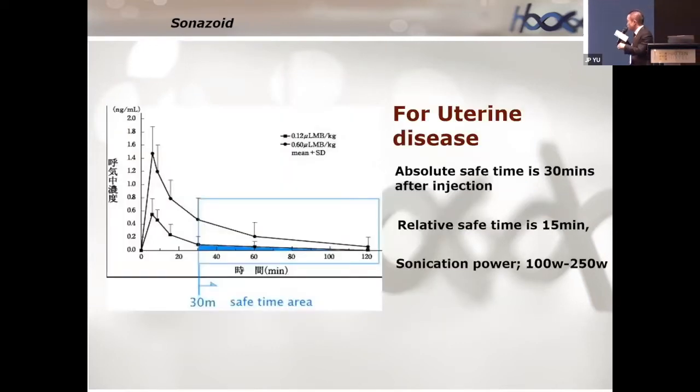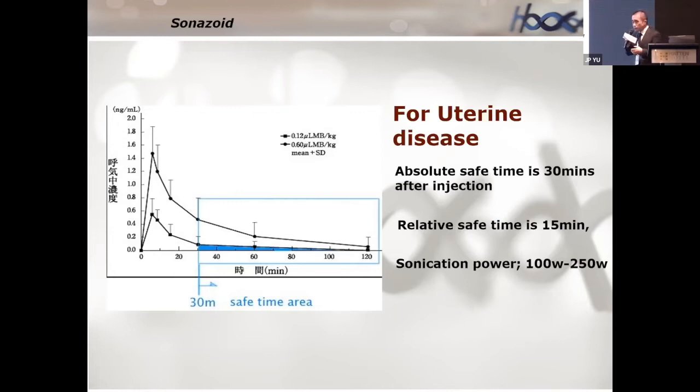This graph is the body concentration rate over time. The absolutely safe time is 30 minutes after injection. For uterine fibroid or uterine adenomyosis, in my experience, about 10 or 15 minutes is a relatively safe time. So when I treat uterine fibroid, I usually treat after 15 minutes.